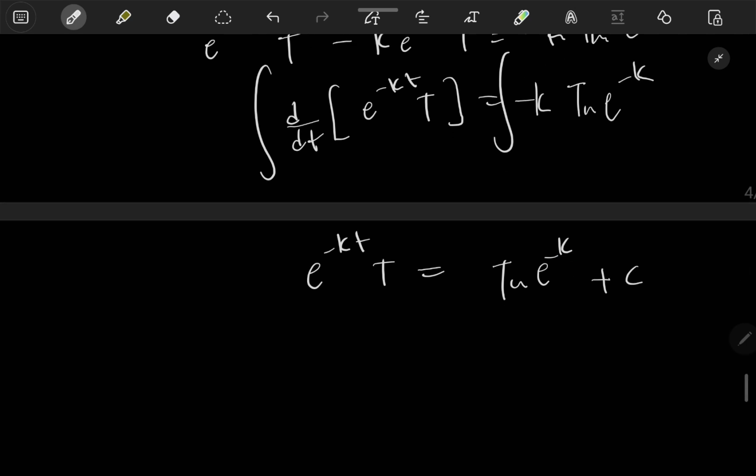So now, our temperature T in terms of time, I'll have to divide by this throughout. Then I'll be left with Tm alone plus C e^(kt). I think I also got a constant here. Yes, I have a constant here, and T is everywhere.